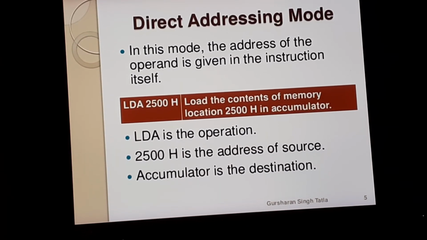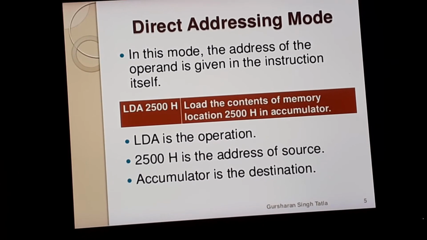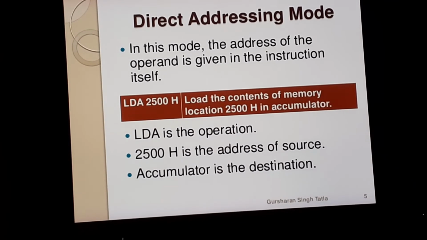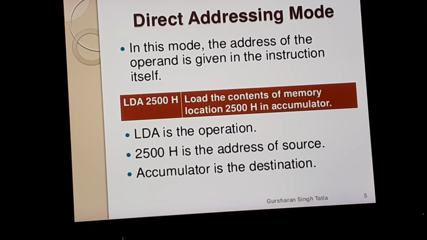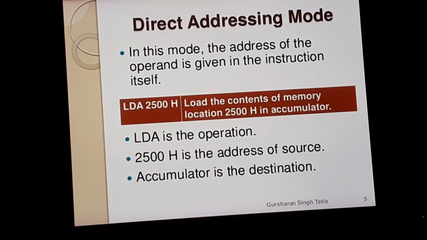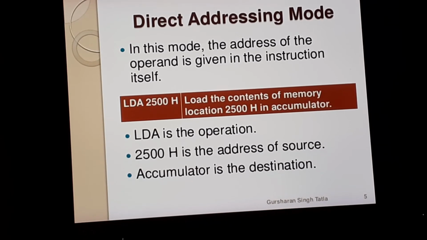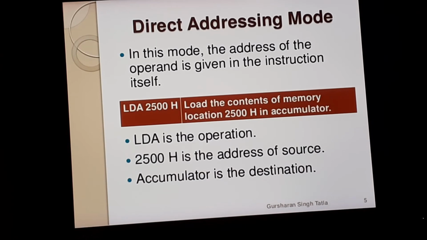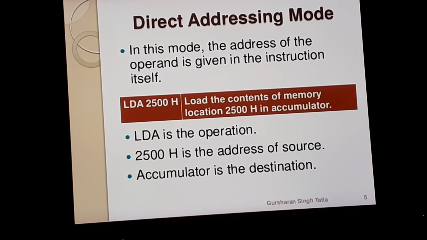So LDA 2500H, 2500H is an operand, H denotes a hexadecimal location. Okay, so 2500 is a 16-bit number, correct? How? Because 25 becomes 8-bit, 00 becomes again 8-bit. So in total it is 16-bit data.